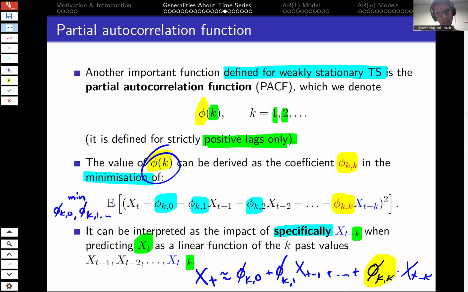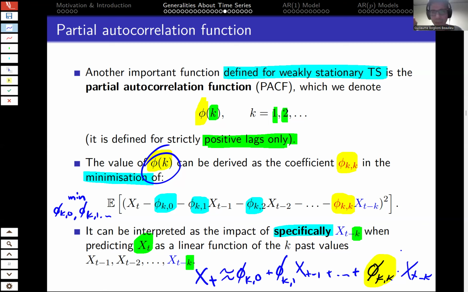You see, we explained that the partial autocorrelation is simply that if we estimate xt as a function of all the previous values up to lag k, or k values in the past, I should say, the partial autocorrelation k is nothing else than this coefficient here in our prediction of xt as a linear function of the previous values of the process.